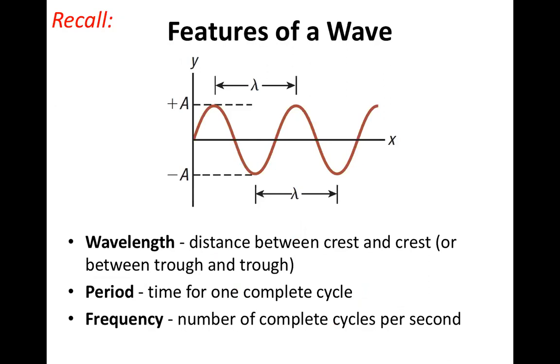Wavelength is the distance between any two points on the wave that are in the same position. The easiest is to measure crest to crest, but it's the same as trough to trough. Period is the time for one complete cycle, and frequency is the number of complete cycles per second.